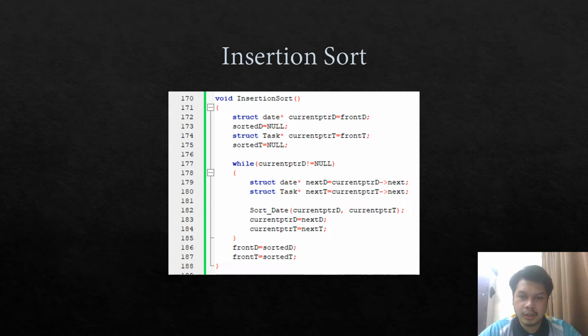And then we call the sort date, like the void function that I explained earlier, which will swap the data that are not in order and will move on accordingly if the data is in order. Below it we can see that current pointer d is now next d and current pointer t is now next t. And the sorted d that was null above will be front d, and sorted t, which was null above, will now be front t.